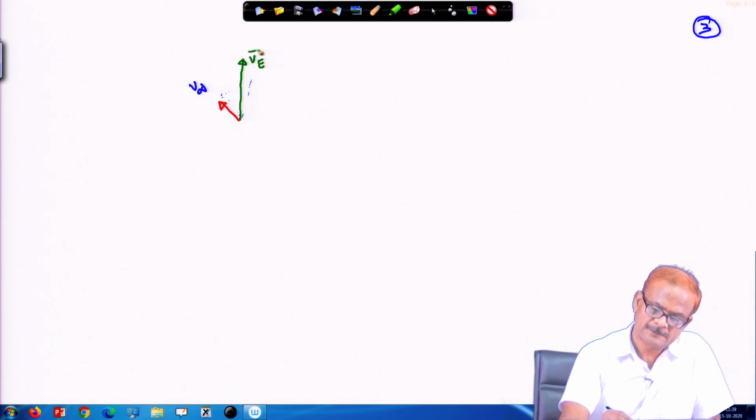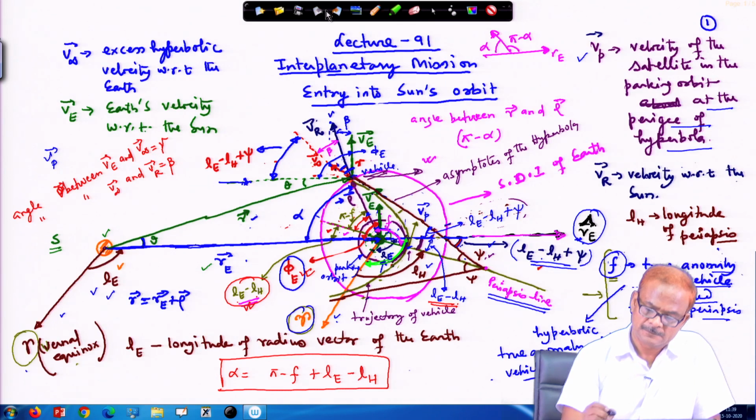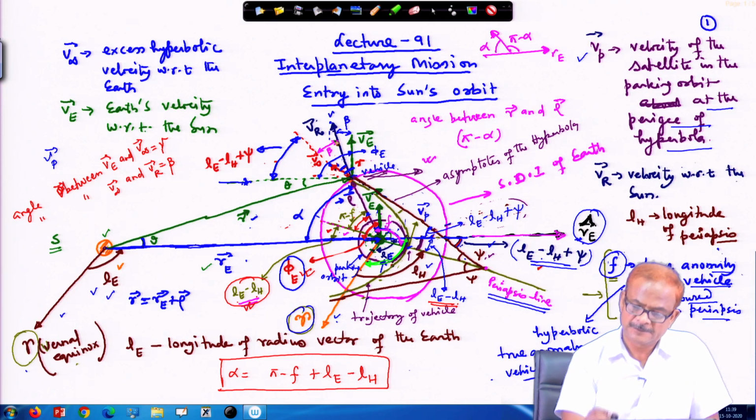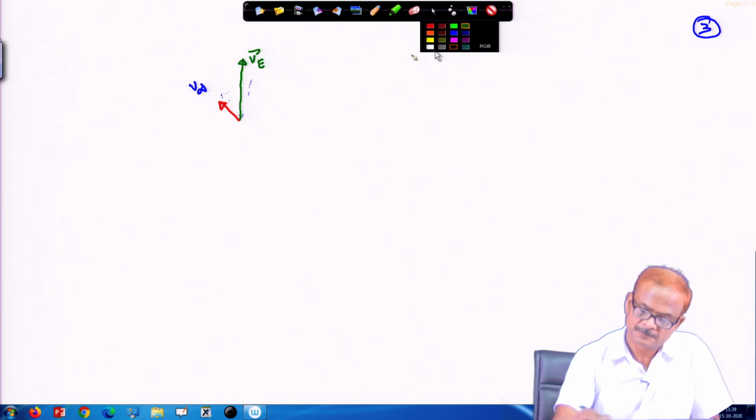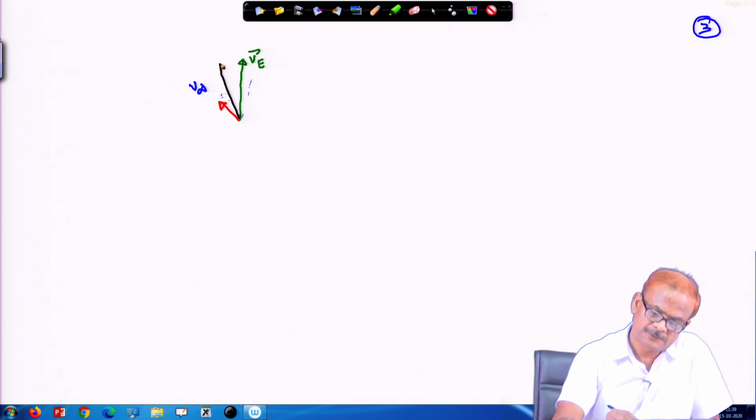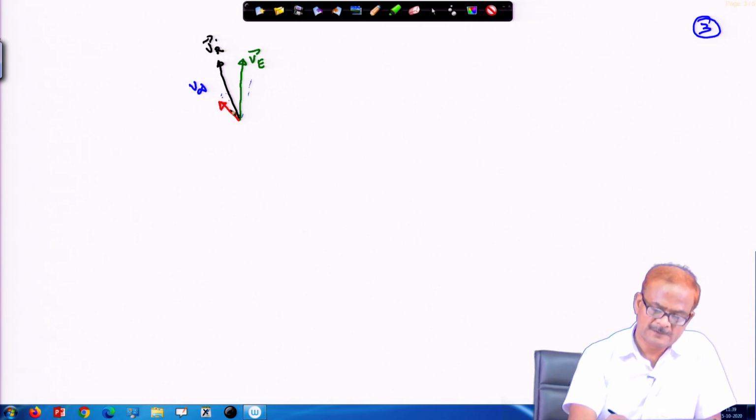This is the V earth, and VR resultant is shown in black. So, resultant is VR. This angle we have written as beta, and the angle from here to here, this we write as gamma.